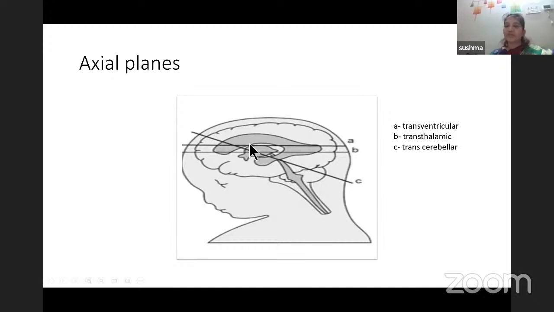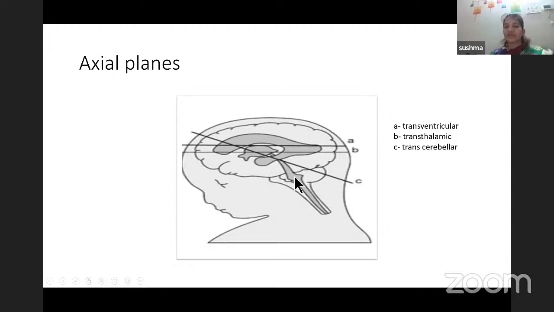The lateral ventricles open through the foramen of Monro into the third ventricle. The third ventricle is at the level of the thalamus. The third ventricle, via the aqueduct of Sylvius, opens into the fourth ventricle.